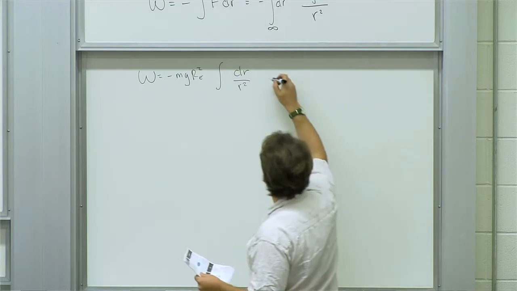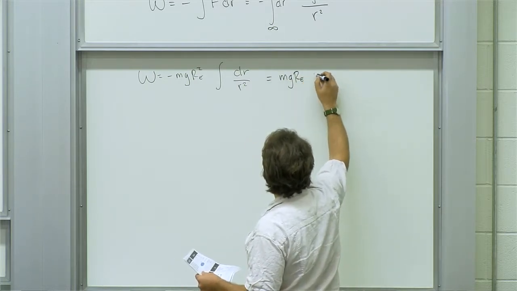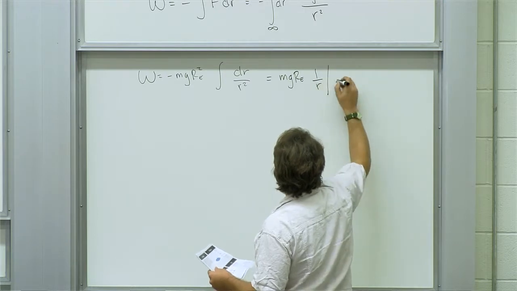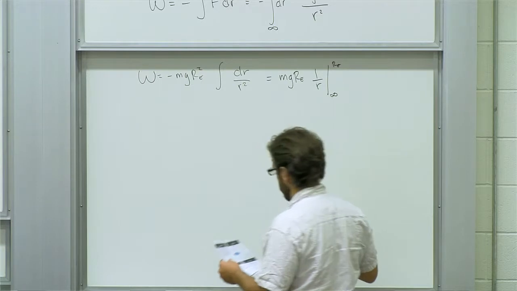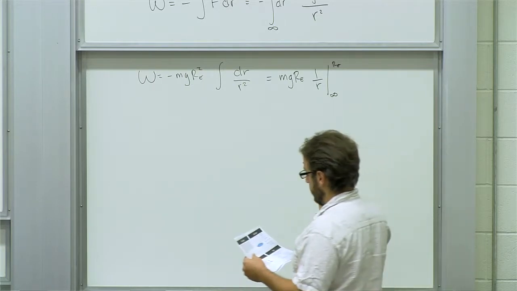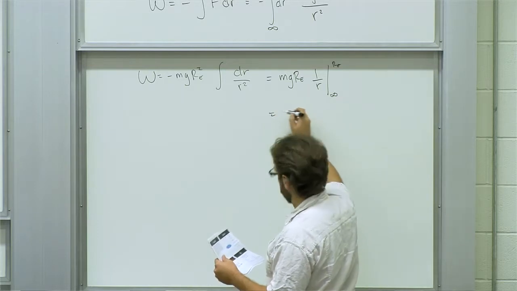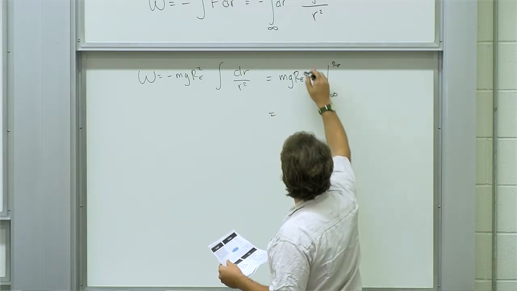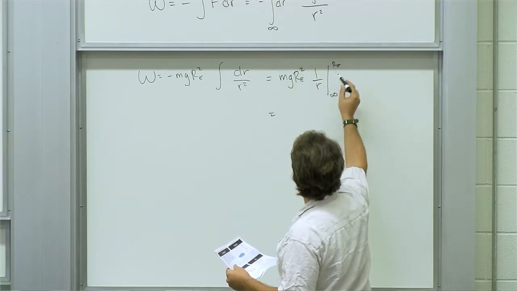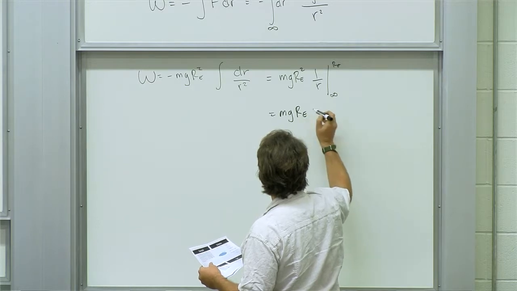Negative 1 over r, right? So this becomes mg re squared times 1 over r, evaluated from re to infinity. And 1 over r at infinity is obviously 0, so it doesn't matter. So this just becomes mg re.